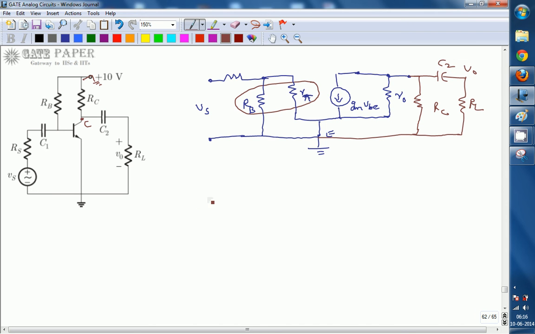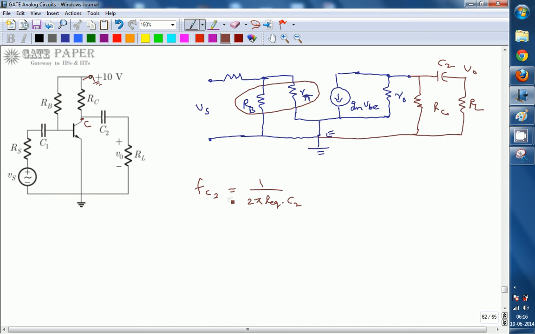Lower cutoff frequency due to C2 is FC2, which is 1 by 2 pi R equivalent into C2, where R equivalent is the resistance seen by looking into the capacitor C2 terminals.